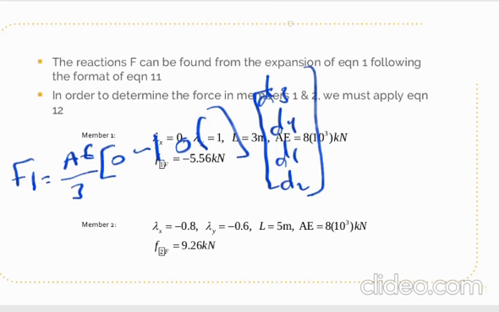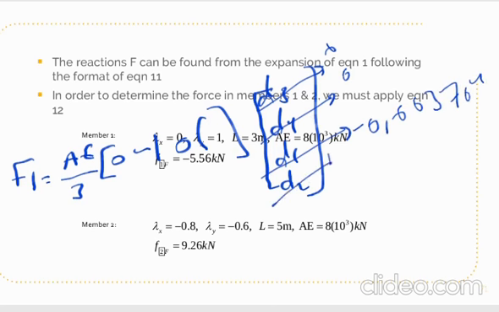So D3 is 0, D4 is 0, D1 is already found, minus 0.003704, and D2 we already found, minus 0.002084.